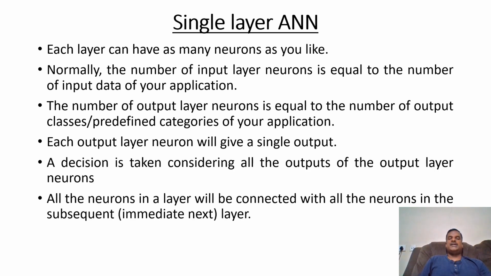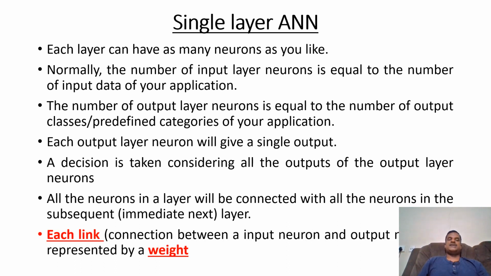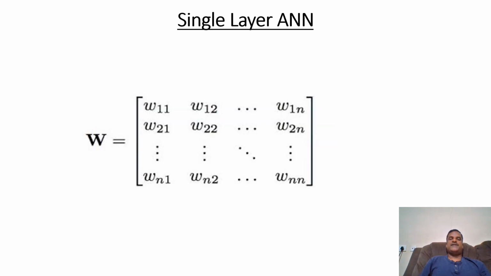All the neurons in a layer will be connected with all the neurons in the subsequent layer. This is the important condition in ANN. If you have 10 neurons in the first layer and 20 neurons in the second layer, you will have 20 cross 10 interconnections, 200 interconnections. Each link or connection between one input neuron and output neuron is always represented by a weight value.